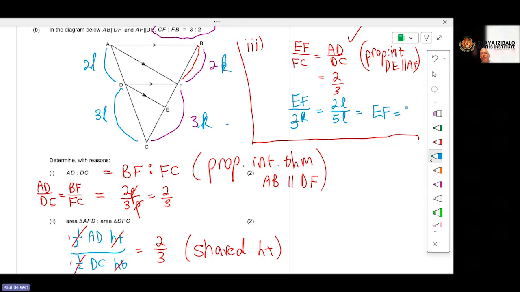EF is 6 over 5K. The K is on the top, huh? Yeah. 6 over 5 times K, yes. Or you can write it like this as well, 6 over 5 times K. So EF is 6 over 5 times by K.